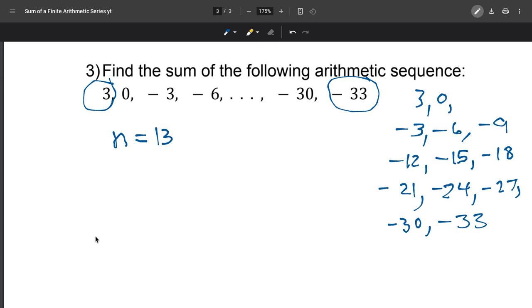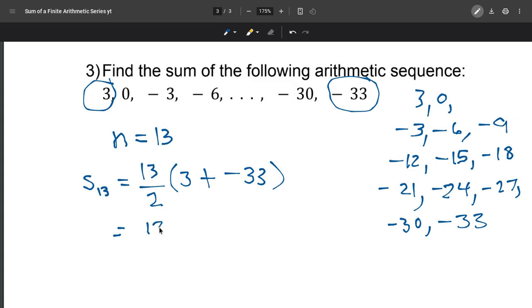All right, so my sum of my 13 terms is going to equal 13 divided by 2 times 3 plus -33. So it's going to equal 13 divided by 2 times -30.